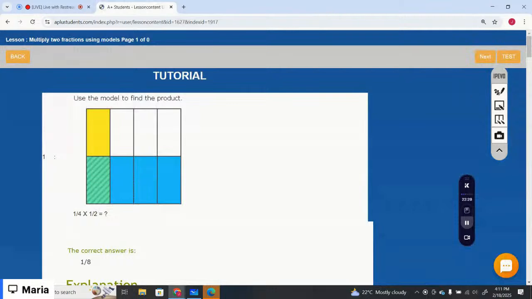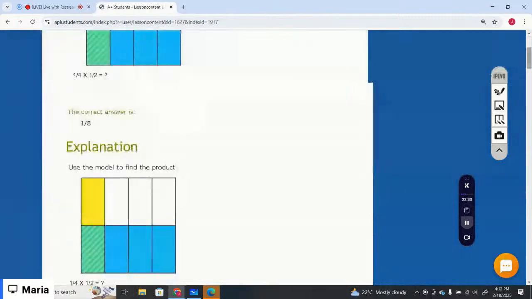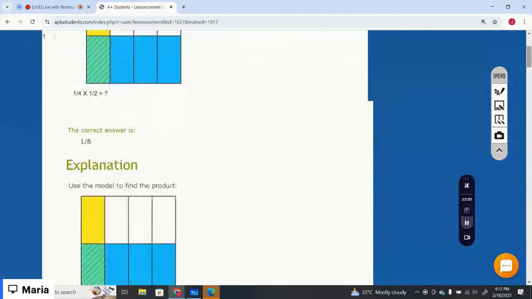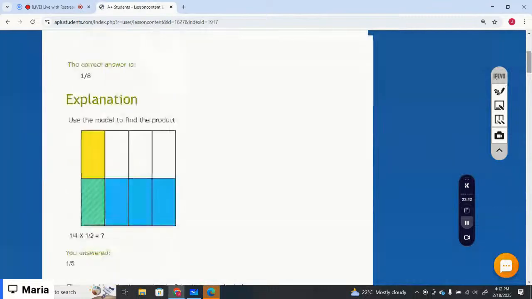Use the model to find the product. 1 by 4 times 1 by 2. So you have only one square that has both patterns. So that is 1 and the total is 8. So that is 1 out of 8.